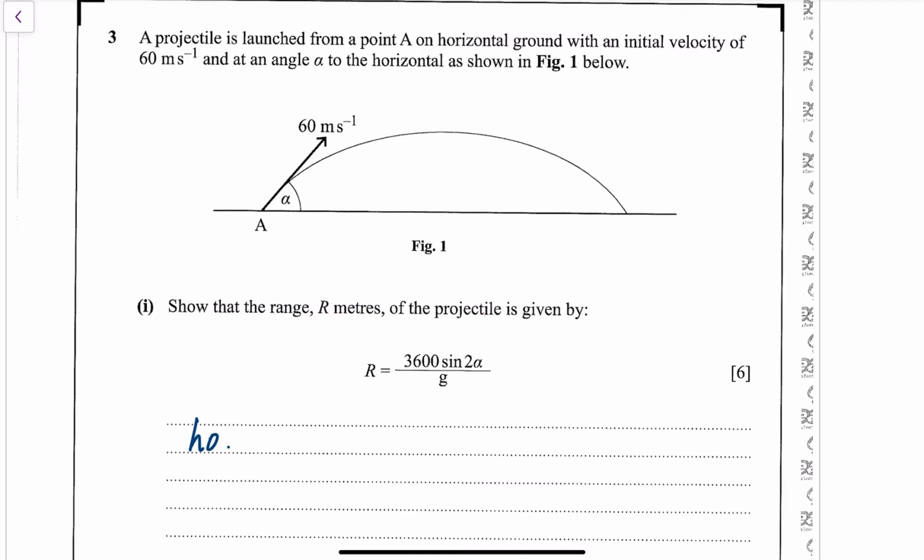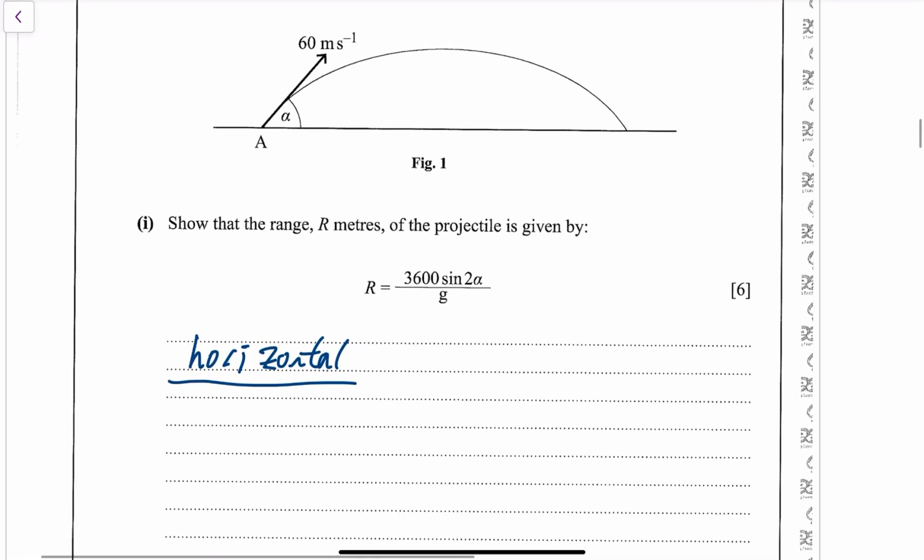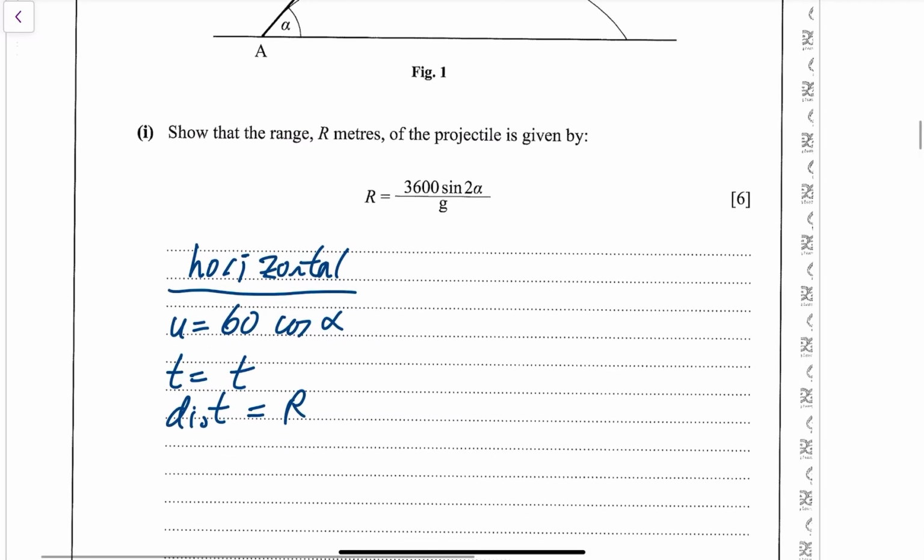So let's just say horizontal, and my initial speed there horizontally is 60 cos alpha, and then my time is just t, and my distance is equal to r, and we're just going to use distance is equal to speed times time.